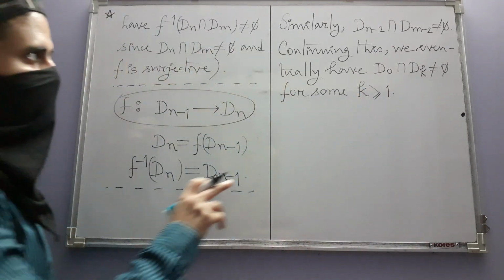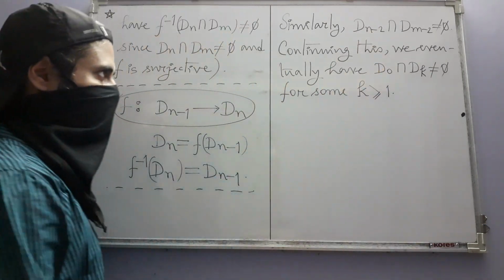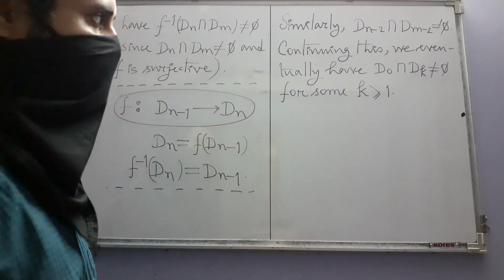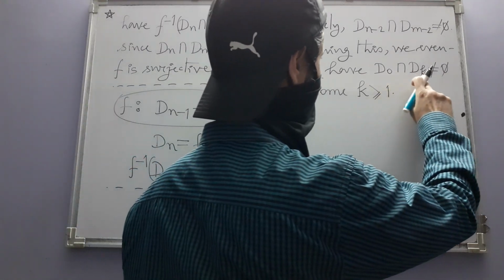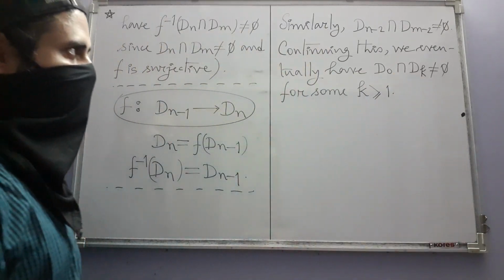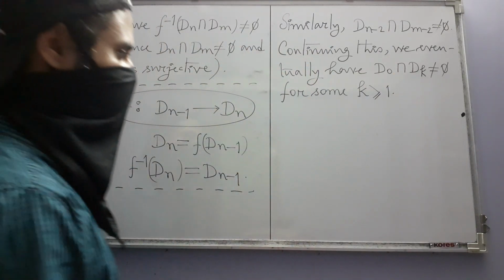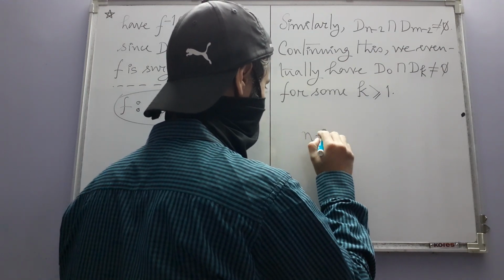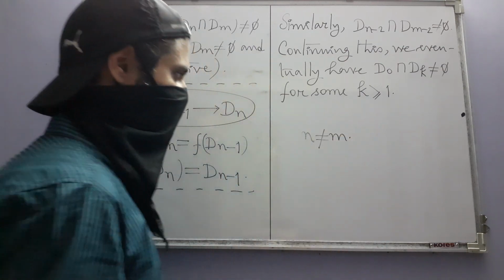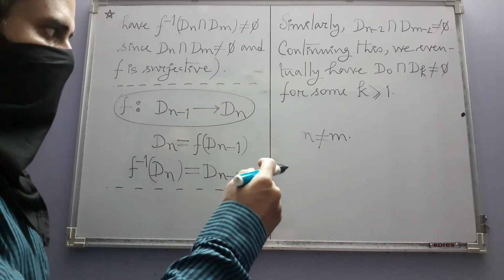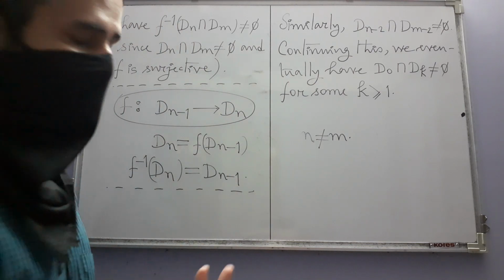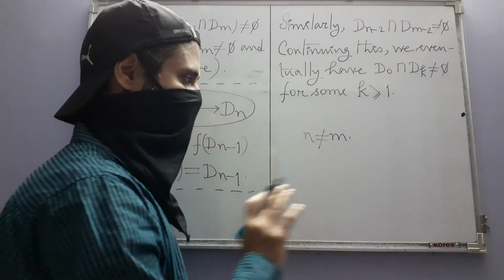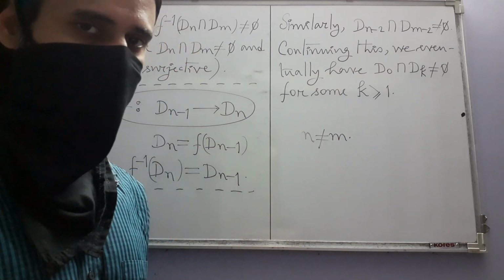Okay, we understand that this is a reduction process in which the suffixes are getting reduced. But why shall we get a positive integer k? That is because, keep in mind that n and m were distinct. So as we are reducing both of them, they will not simultaneously be 0.